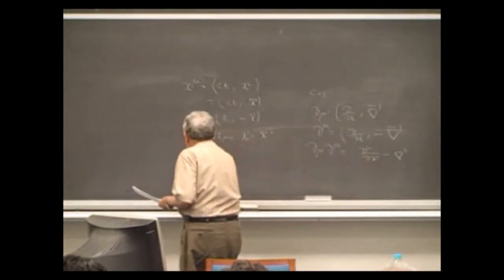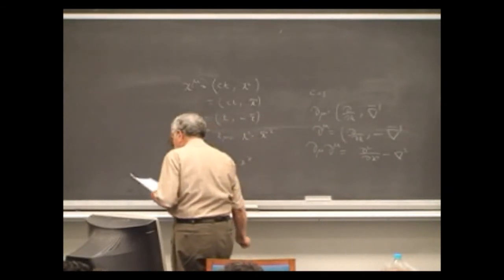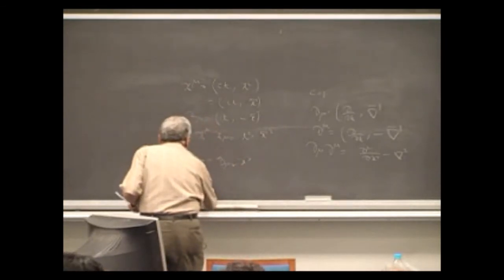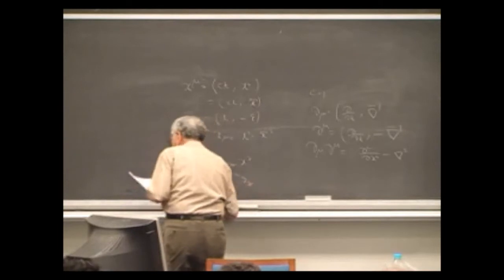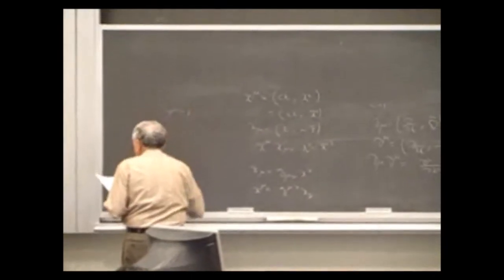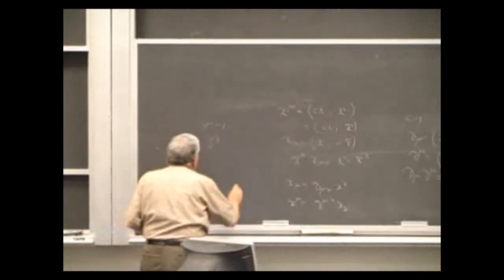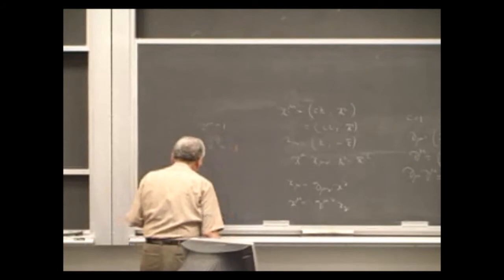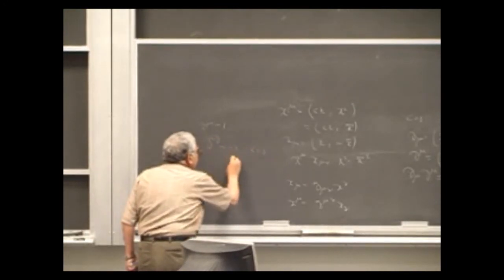We have g_00 equal to 1 and g_ij equal to -1 if i equal to j, and g_μν equal to 0 otherwise.